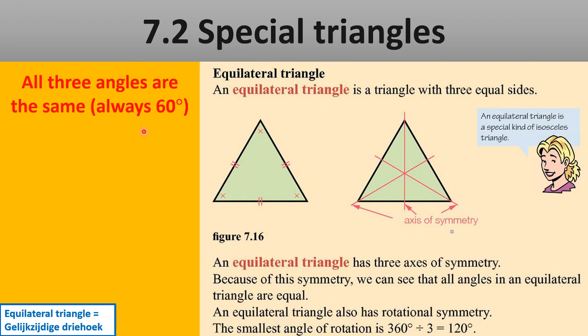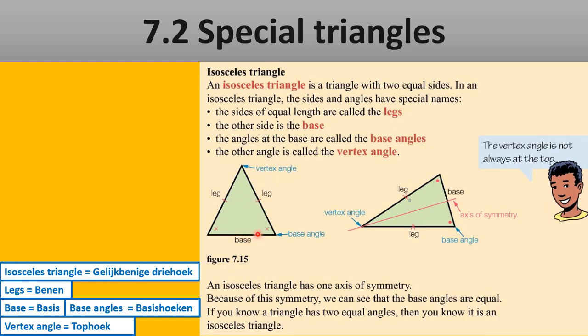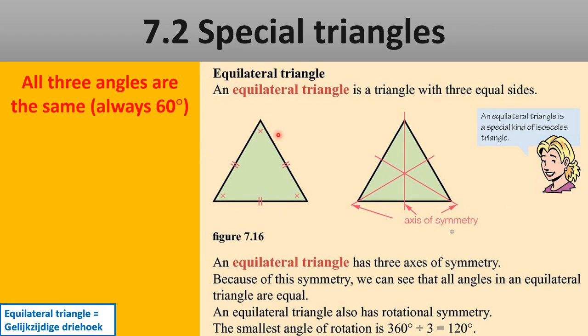And these angles are always 60 degrees in an equilateral triangle. They don't say that right here, but you can use this knowledge sometimes. So this one is 60 degrees, this one is 60 degrees, and this one as well. And all the sides have the same length. Where if I go back to our isosceles triangle, two have the same length, right? Here, all three of them have.